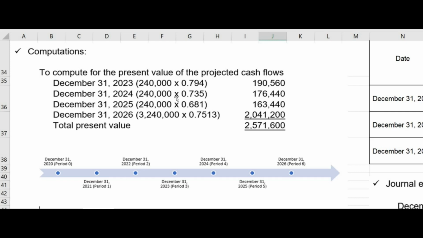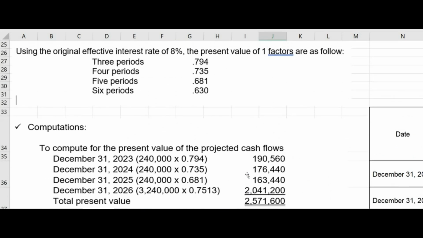So the same also for 2024 kasi this 240,000 here will be collected na after 4 years. So dito na period 4 to. The same also with 2025. So dito na siya makakolekta. So that's already 5 years after.